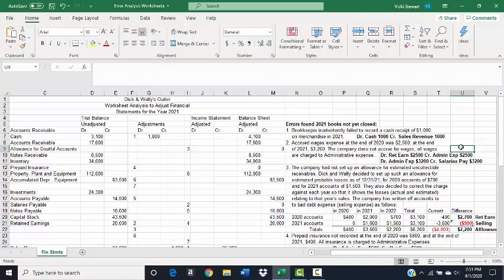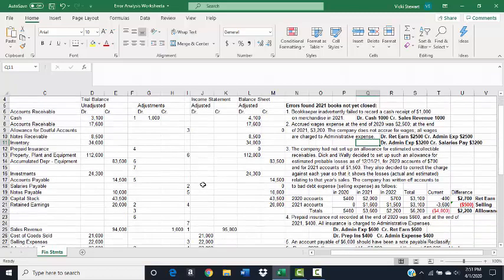Now we're going to look at the entry to record for 2021. Because the books are not closed, we can go ahead and just make a normal adjusting entry. We would debit administrative expense for $3,200, and we would just credit salaries payable for $3,200. So we'll go ahead and go over to our spreadsheet.